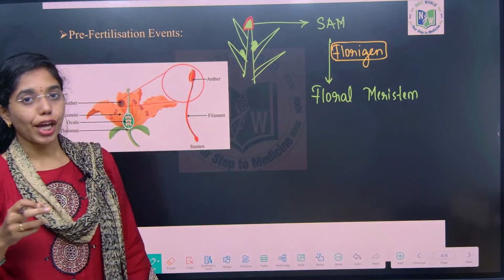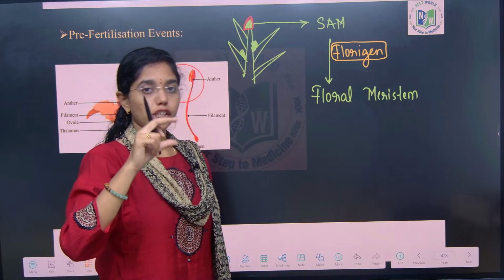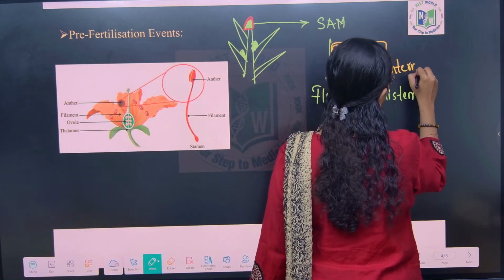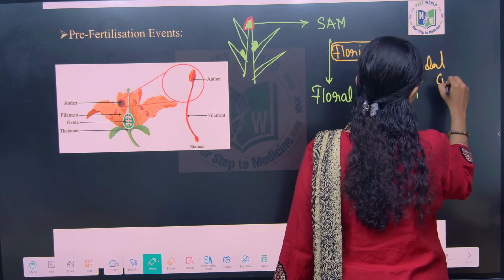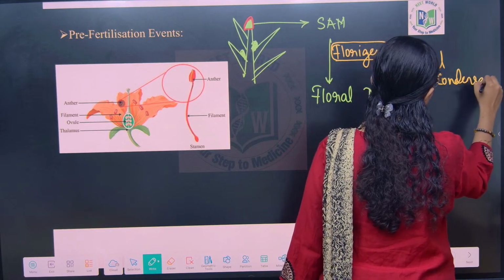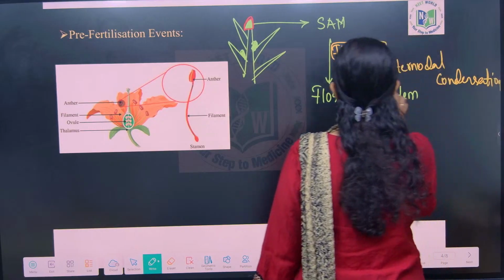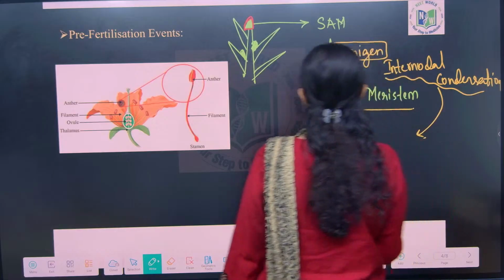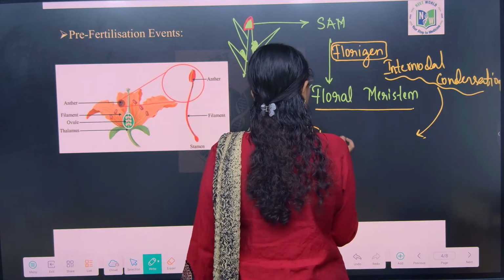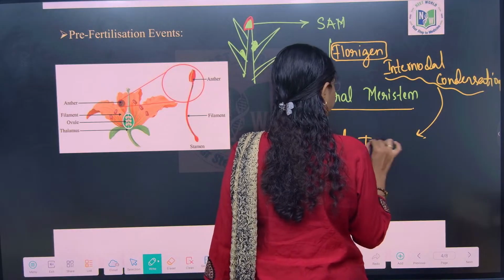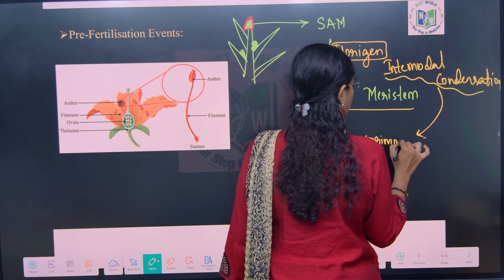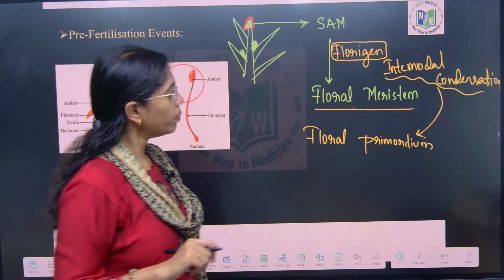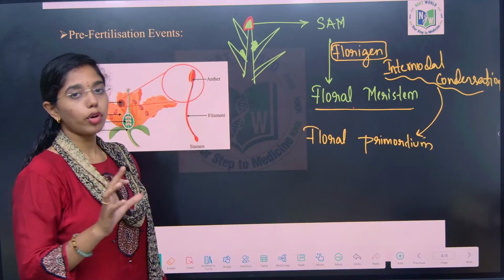What is the change that you observe? Internodal condensation. Fine, right? This floral meristem, via internodal condensation, turns out to be a floral primordium.